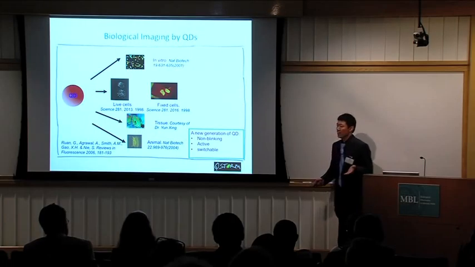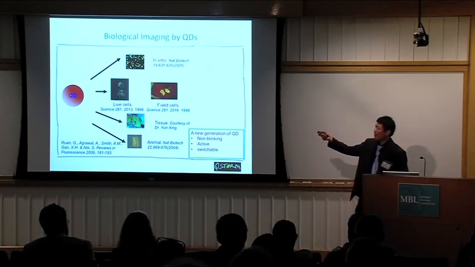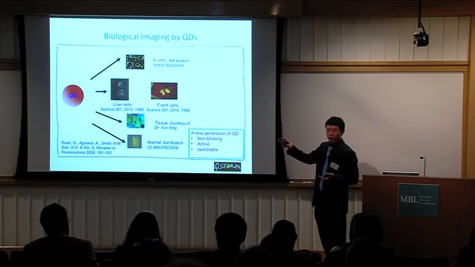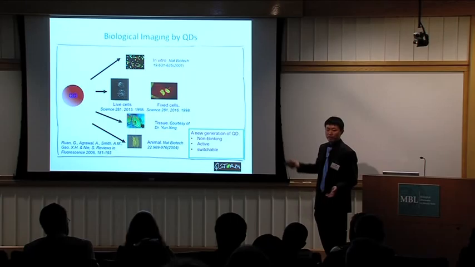So we are not trying to claim that quantum dots are going to replace fluorescent dyes or fluorescent proteins. Despite these limitations, people have been successfully using quantum dots for a wide spectrum of applications in vitro, in cells, in tissues, and in animals.